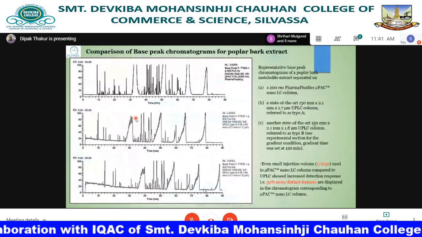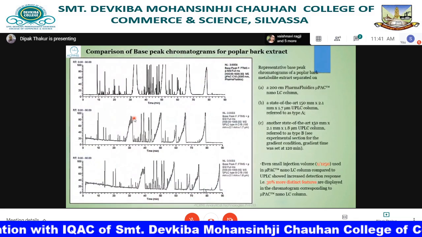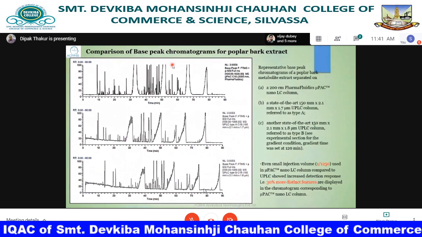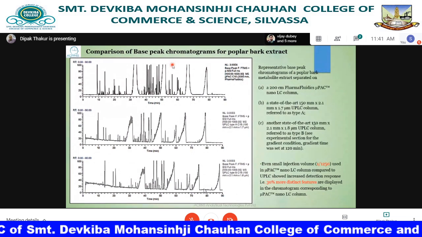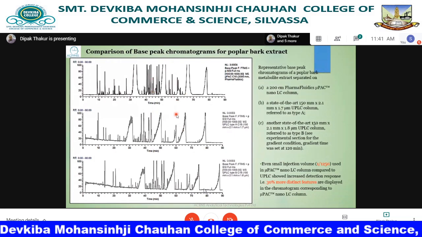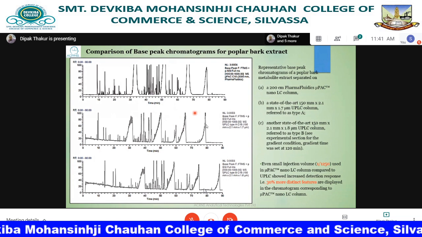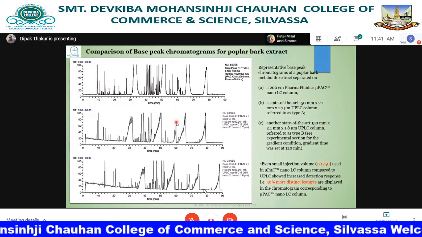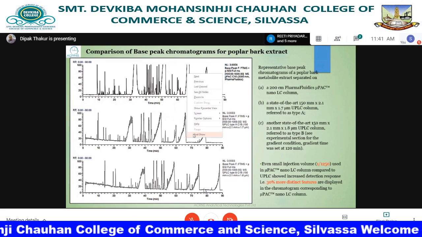So here we see how that chromatogram looks. This is a chromatogram which we see using a micropack nano LC column. This is again a nano column, but this time this column is packed with beads, 1.7 micron beads.